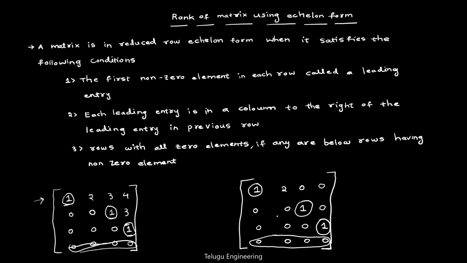Now in the further part of the video, we will reduce a particular matrix into echelon form and find out the rank of that. The main intuition is finding the rank first, and then in the next video we will discuss how to find solutions of linear equations, whether the solution exists or not based on rank.